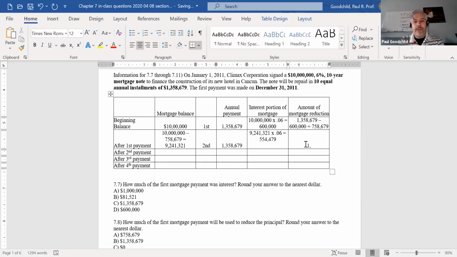Take our 1,358,679, subtract out the 554,479, and we end up with 804,200.